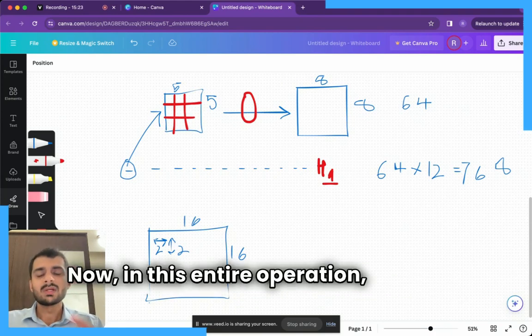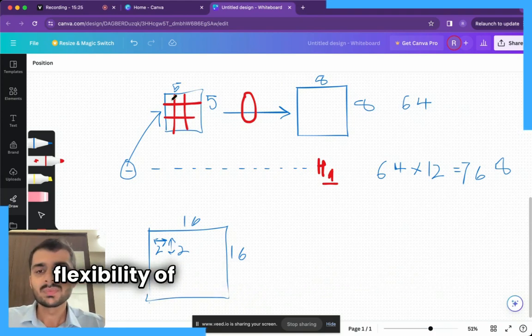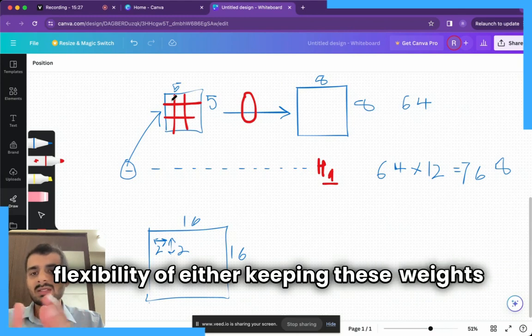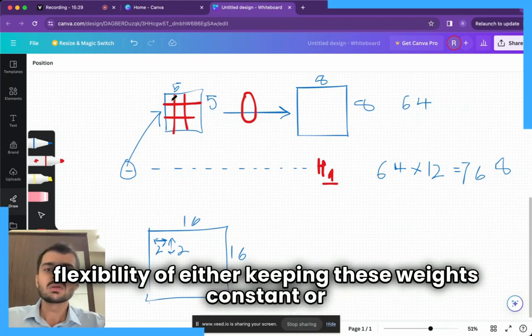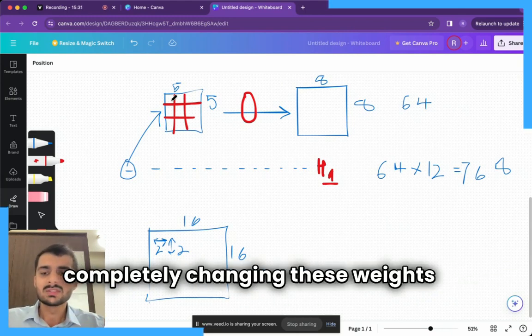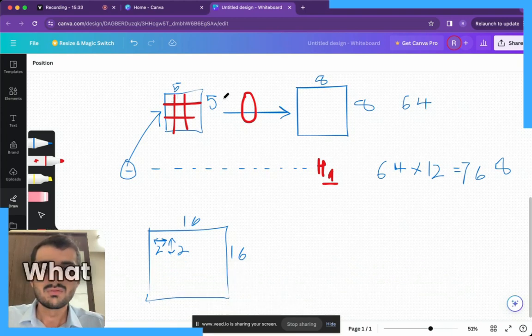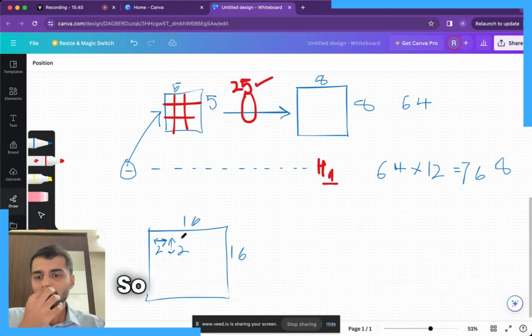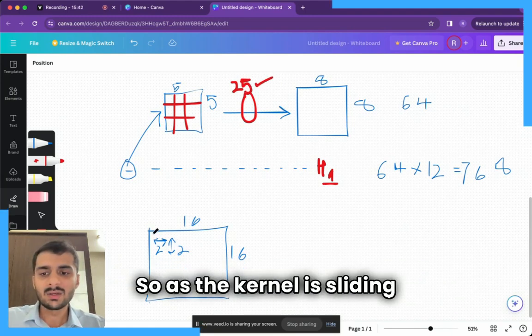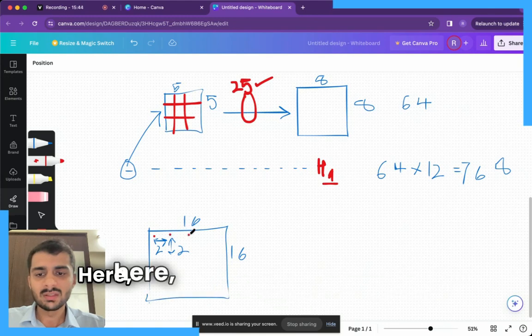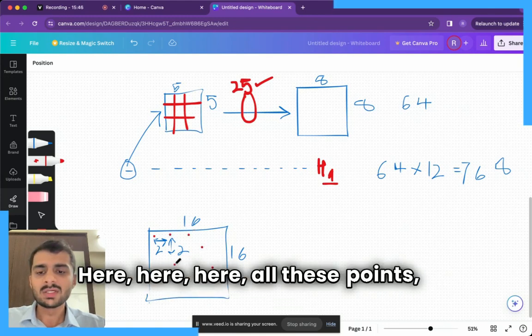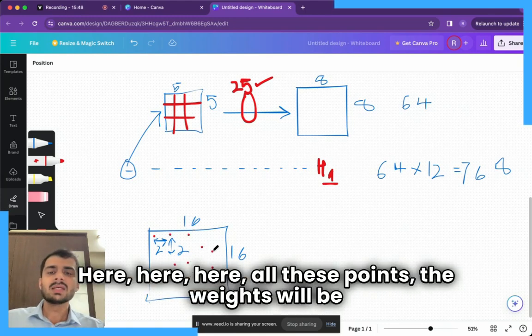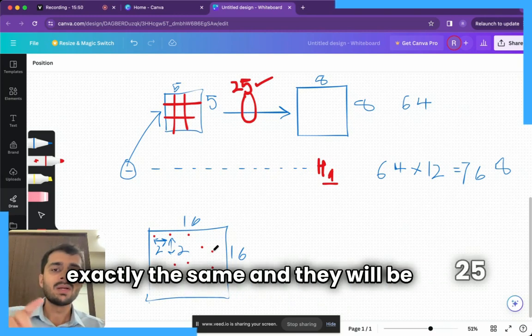Now in this entire operation, you have the flexibility of either keeping these weights constant or completely changing these weights for every single pixel. What they have done here is that there are 25 sets of weights which are constant for all. So as the kernel is sliding over, the weights at all these points will be exactly the same and they will be 25 in number.